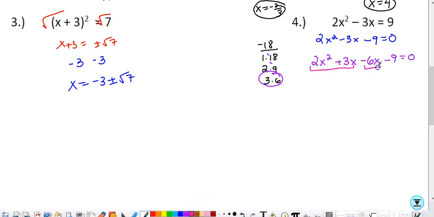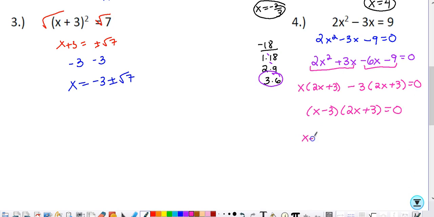Greatest common factor of each half. Regroup it. Set each factor equal to 0. X is 3. X is negative 3 over 2.